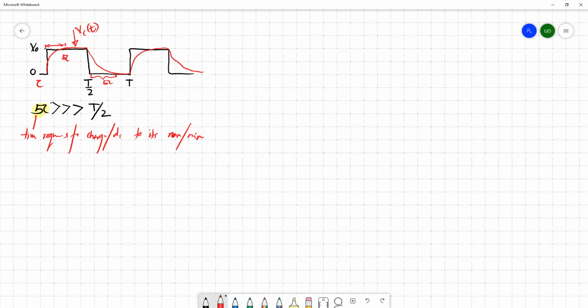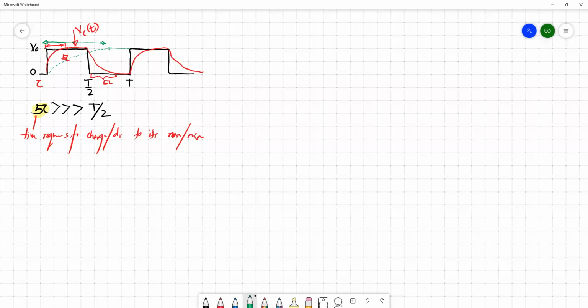If you draw it in the same plot, let's assume this is your 5 tau now. The capacitor needs this much time to charge to V naught. If you draw this, it's something like that. So this dashed green line represents the profile of the charging process.